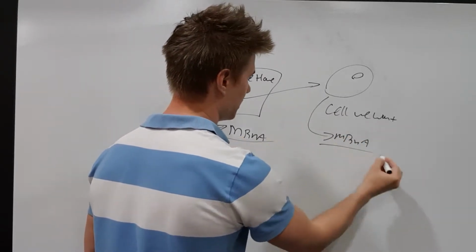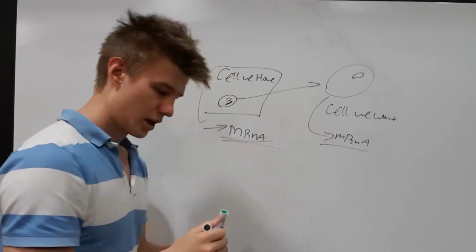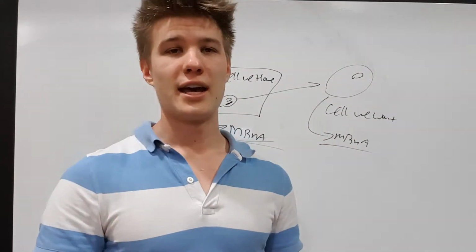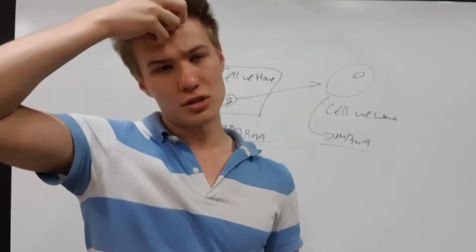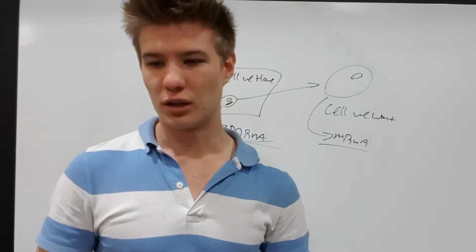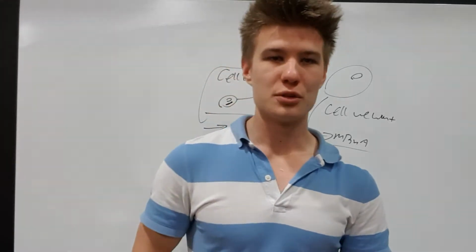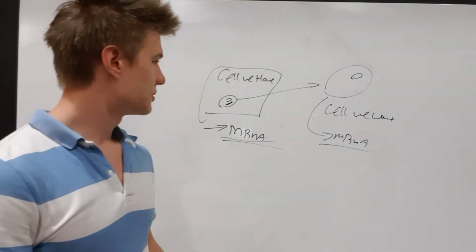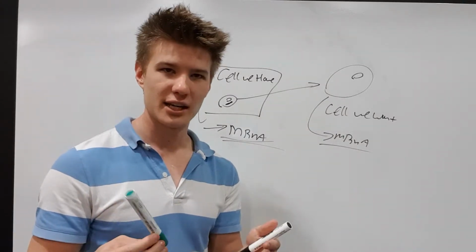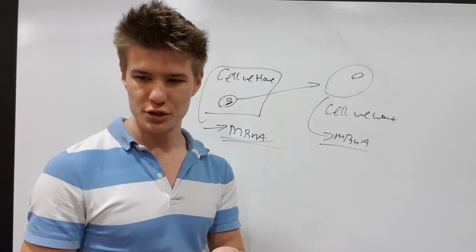Right, mRNA, those two. And we use something called predictive reprogramming. What that is, is we use computer analysis to predict what transcription factors would allow us to transfer between those two cells.